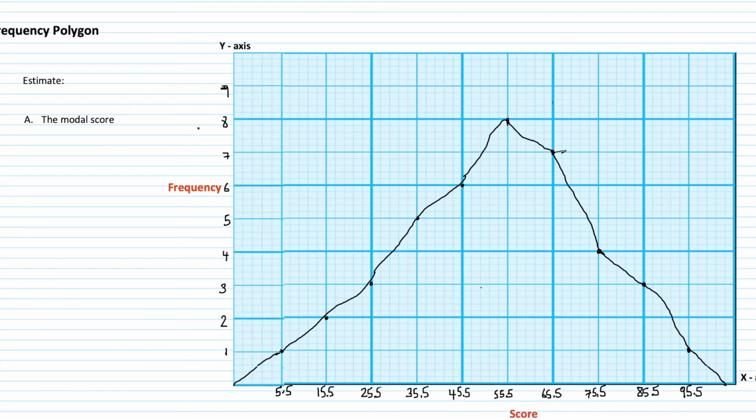From the frequency polygon, we can estimate the modal score, which is the score with the highest frequency. And here we see that our highest frequency is 8. So we can go across until we meet the curve.